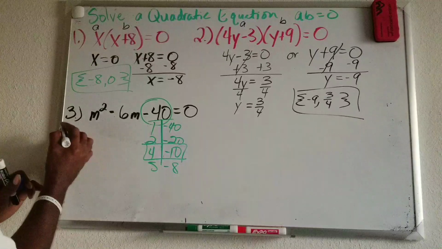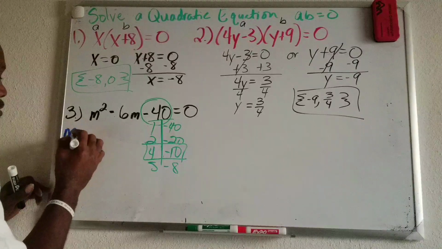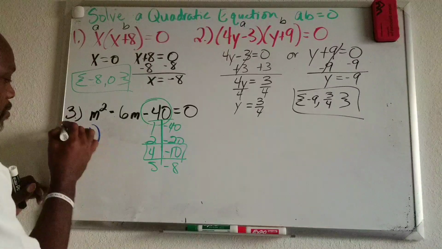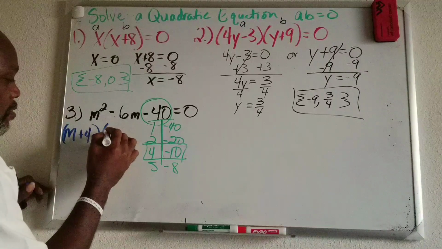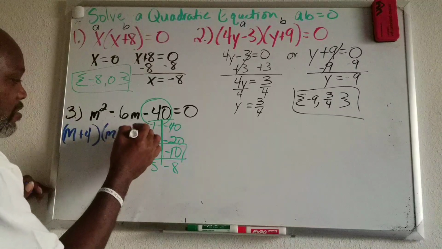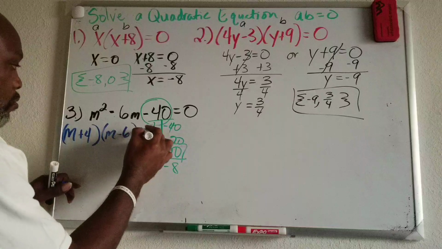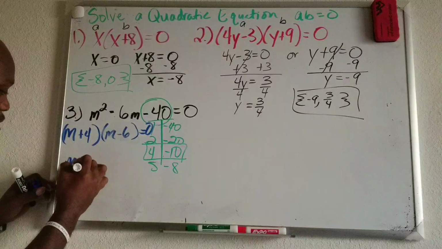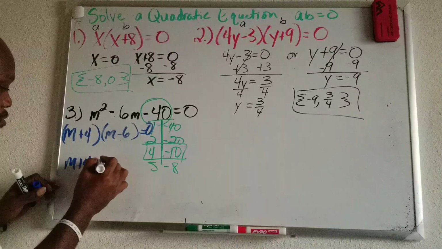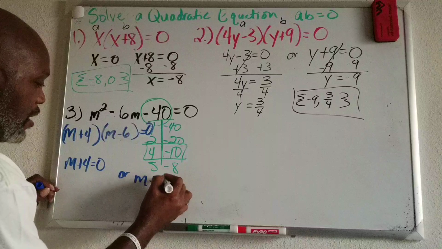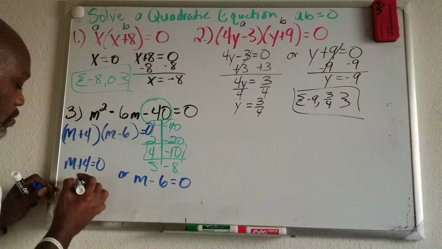Okay? So we're going to say m plus 4 and m minus 6 equals 0. So now I just write m plus 4 equals 0, or, just for some room, m minus 6 equals 0.